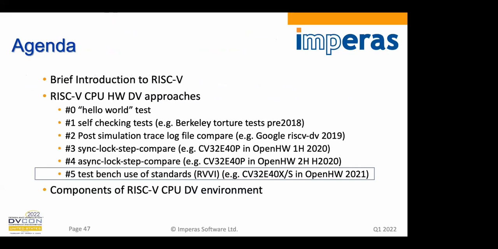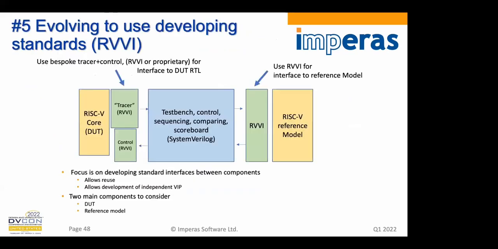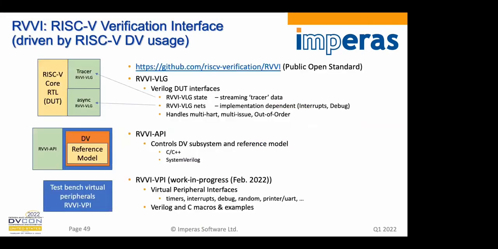So let's talk about RVVI here. There are several areas which really do need interfaces. There are two main components that we need to consider: the interface of the test bench to the core, and the interface of the test bench to the reference model. Now, if we look at this from a core point of view, you need to get two things out of there.